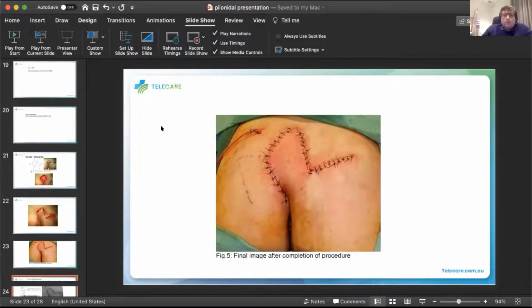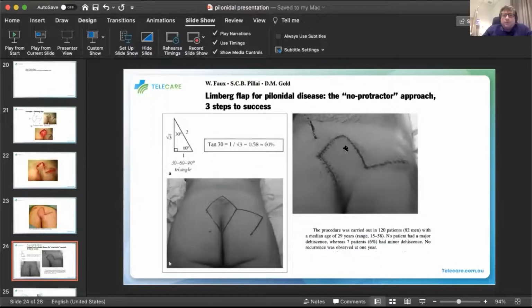The described technique that's got the best outcome data is this technique, which is this protractor-free flap, which is based on the idea that the tissue that you excise is a true rhomboid. And to make a true rhomboid, you need to mark out the craniocaudal extent of the disease.